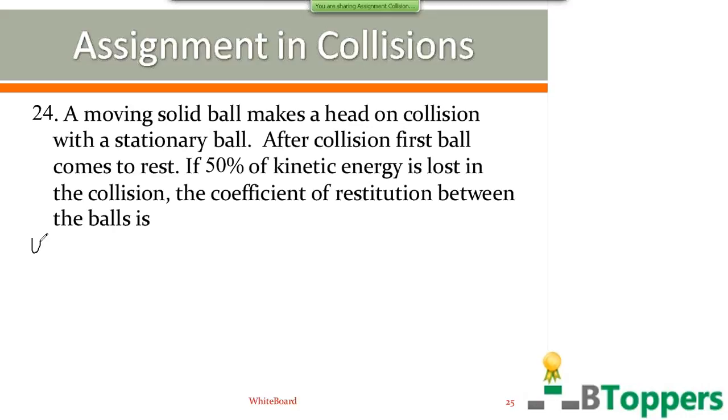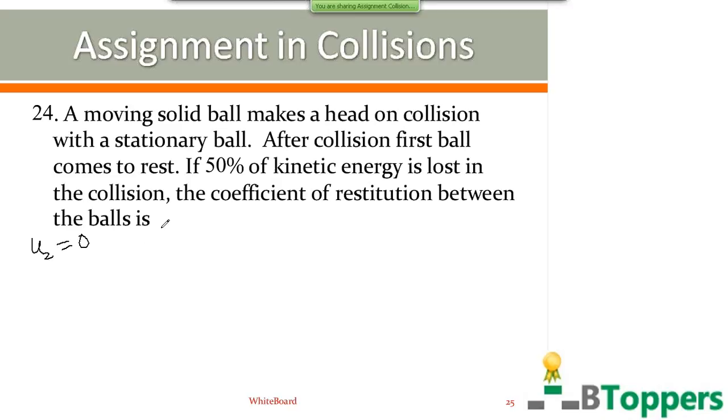The second ball is initially at rest, so the initial velocity of the second ball is 0. You are not given the initial velocity of the first ball before collision, and you are not given the ratio of the masses of the two balls.